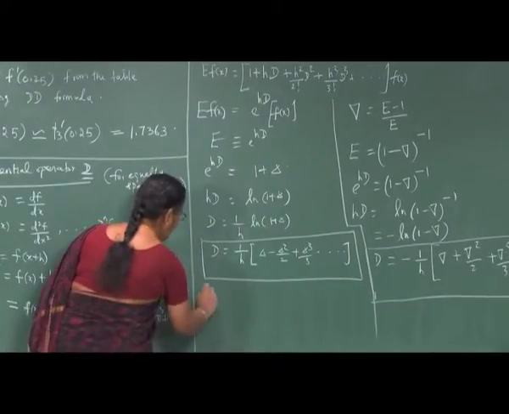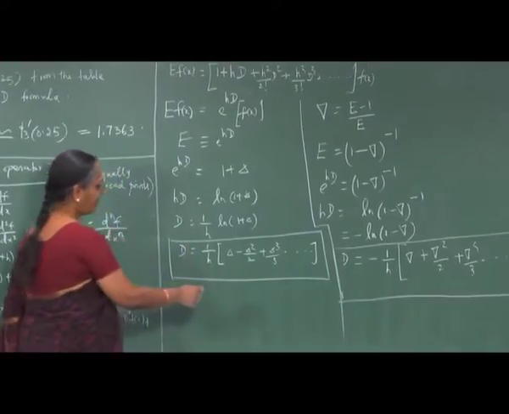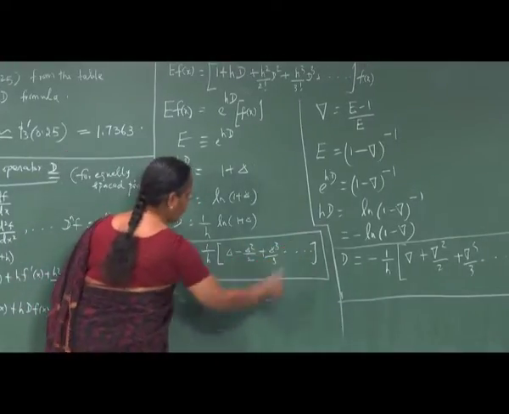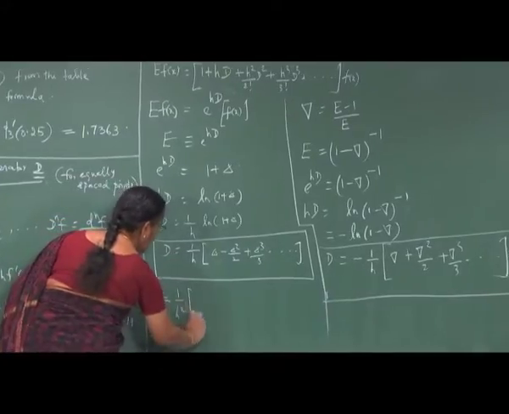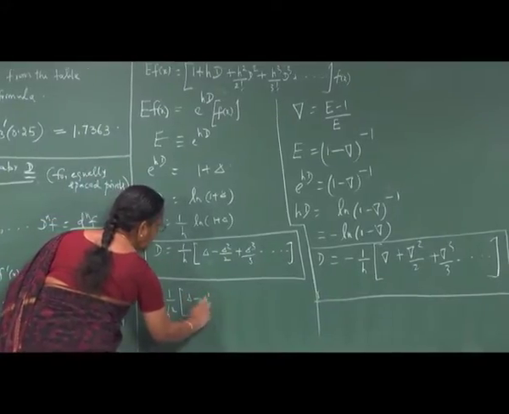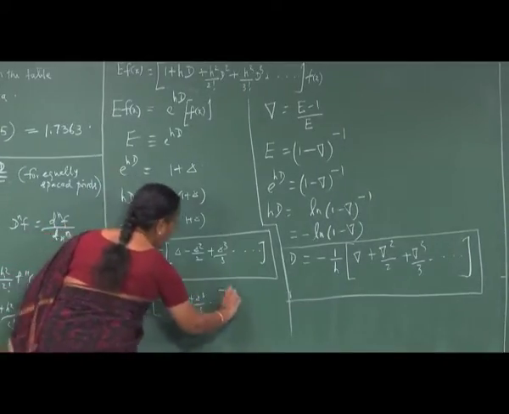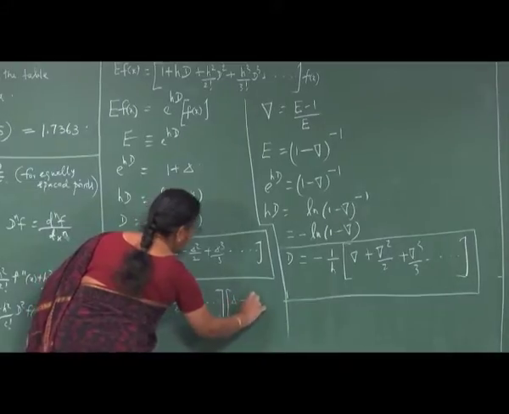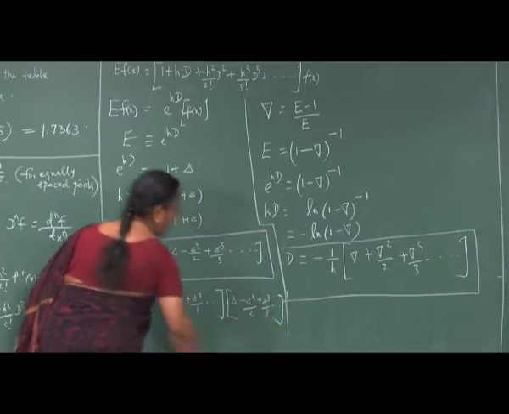What will be D² if I want the second derivative? It is D on D, so this operating on itself. So, I can write down it is (1/h²)(Δ − Δ²/2 + Δ³/3 etc.) operating on (Δ − Δ²/2 + Δ³/3 etc.).